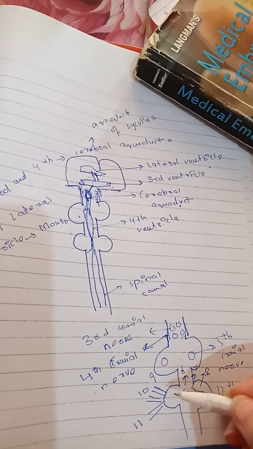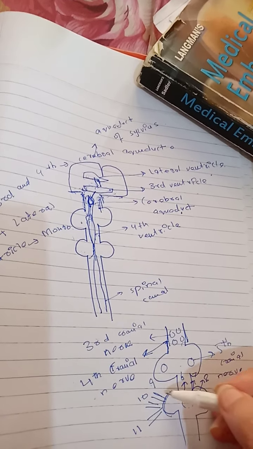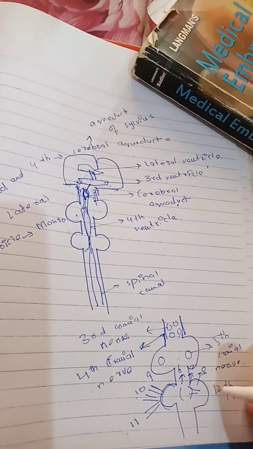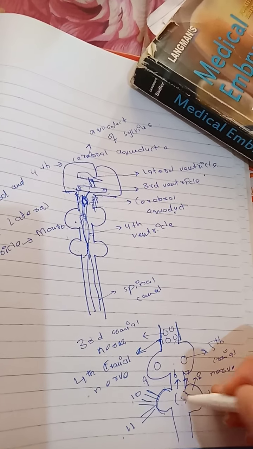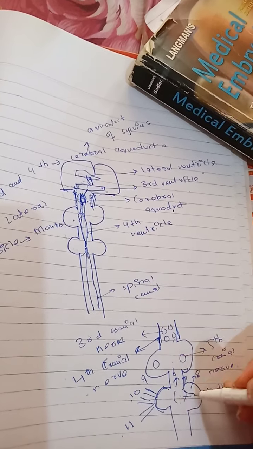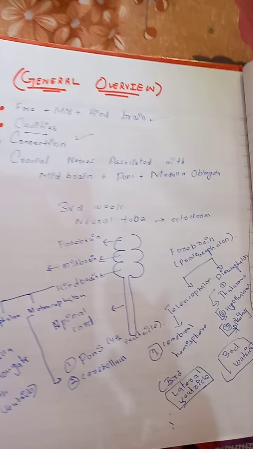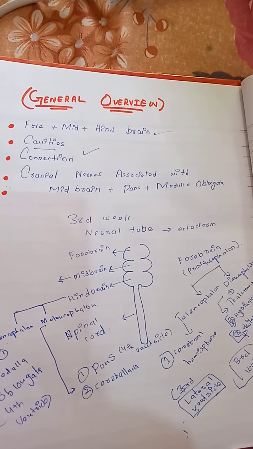The cranial nerves arising laterally from the medulla oblongata are 9, 10 and 11. The hypoglossal or 12th cranial nerve is present at the junction of the pyramids and olives of the medulla oblongata. So this is the general simplified overview.